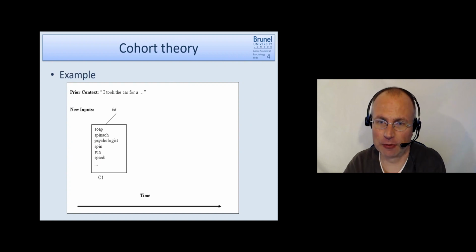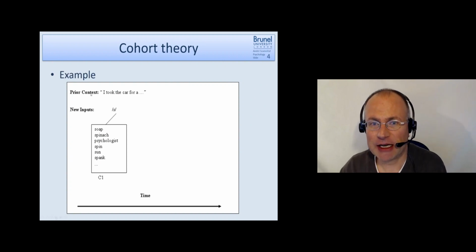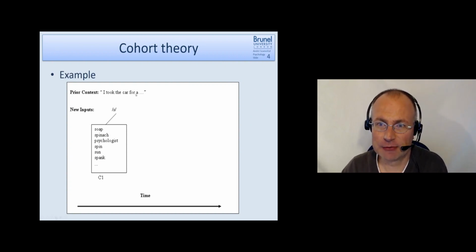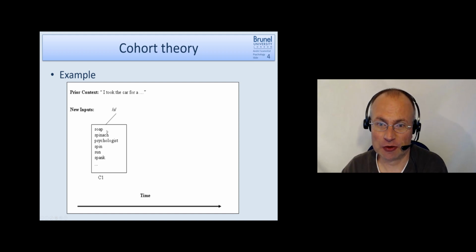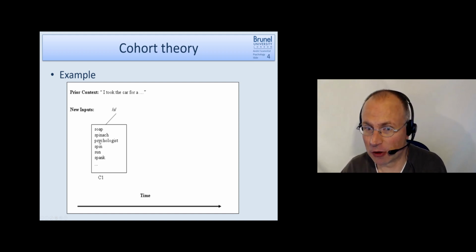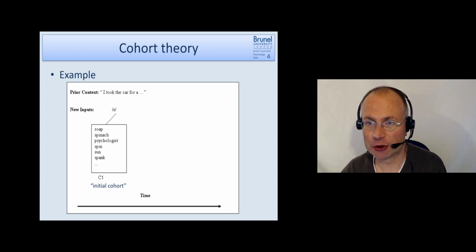Let's go through an example. The prior context might be, I took the car for a, and now you hear the phoneme s. So it could be that you now will hear soap, spinach, psychologist, spin, sun, spank, a lot of things. And this is called the initial cohort.